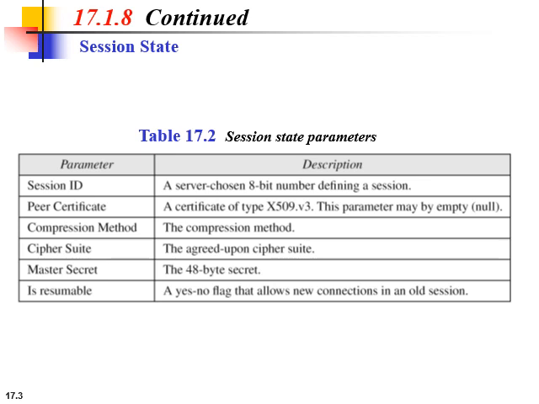One is the session ID, then peer certificates, the compression methodology used while transferring all the information throughout the session, the cipher suite, the agreed upon cipher suite between the server and the client, the master secret key between the server and the client, and is resumable. It is a type of flag which tells us whether it is a new connection or it is being resumed from some point.